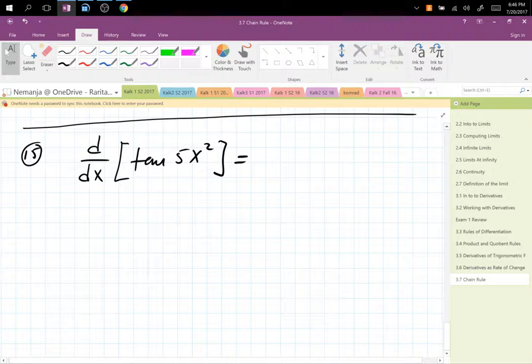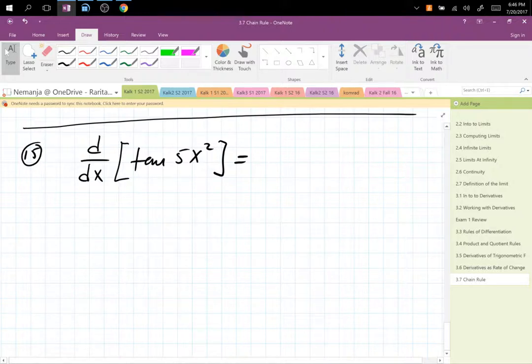Wait, Professor, what was that way you told me to memorize? If it's negative, it's going to have a co, something like that? Oh yeah, and then times the derivative of it. Is that cosecant squared 5x squared? Yeah.